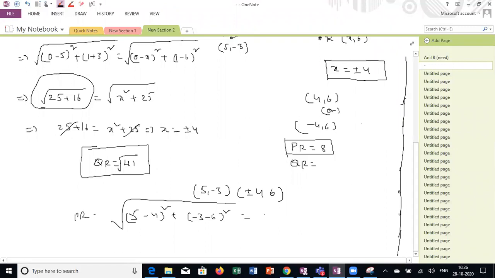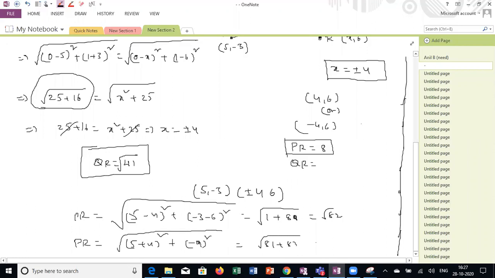This is PR. 5 minus 4 is 1, plus 81, that is 82. So one answer is root 82. And if I'm taking x is equal to minus 4, (5 plus 4) whole square plus (-3 minus 6), that is minus 9, whole square. 81 plus 81. This will be 9 root 2. So both are possible answers.